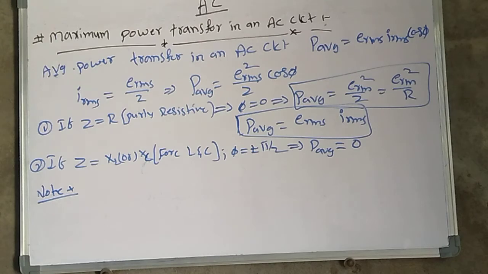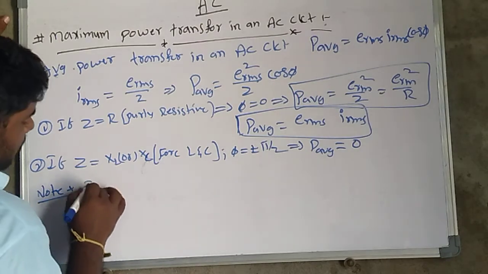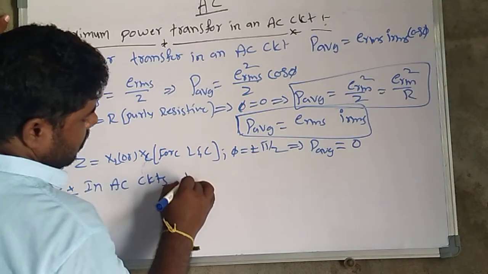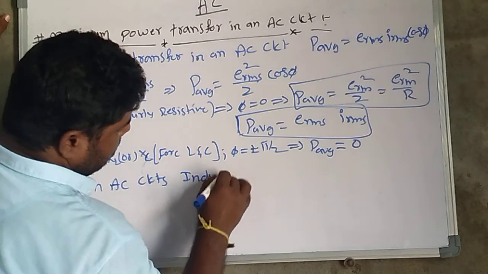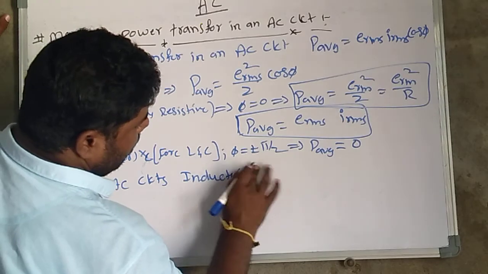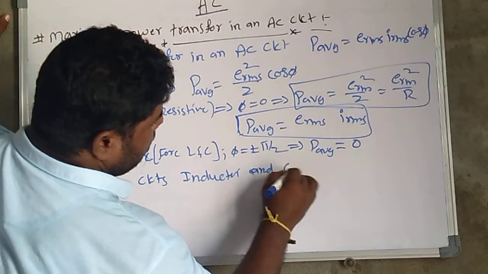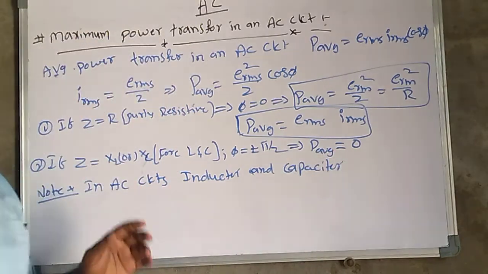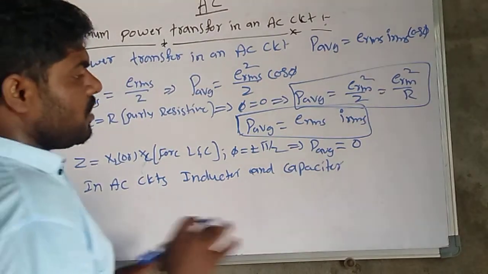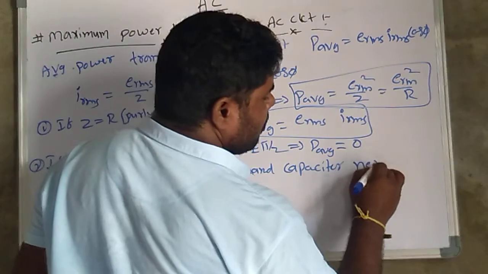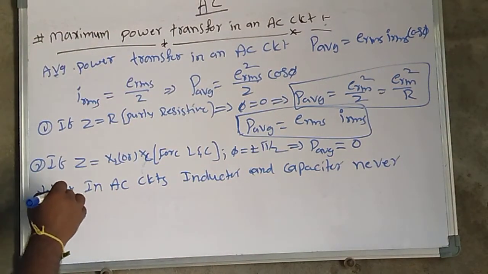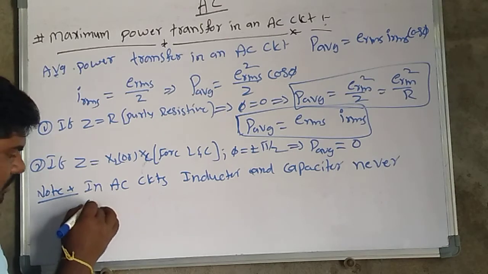So in an AC circuit, inductor and capacitor never consume average power, never.